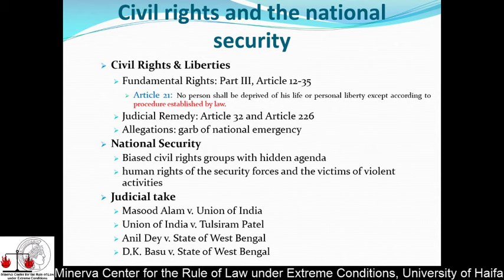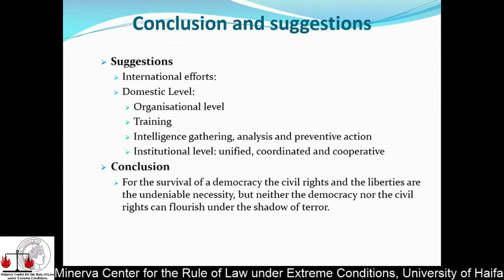In order to give some suggestions, there is a very great need for international effort. There is no accepted international convention in this area which can clearly define what is terrorism, and what should be the liability of those who are supporting and sponsoring terrorist activities in other countries. There is no legally binding convention on that.